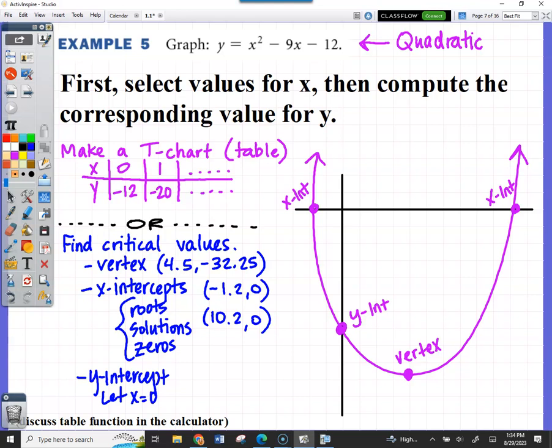It's in standard form, and I'm about to plug 0 in everywhere there's an x. That means, numerically, that's gone. That's gone. All you'll ever be left with is c, if it's in standard form. So the y-intercept here, if I plug it in, is negative 12. Correct, 0, negative 12.